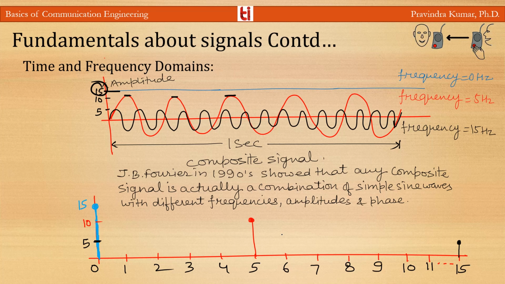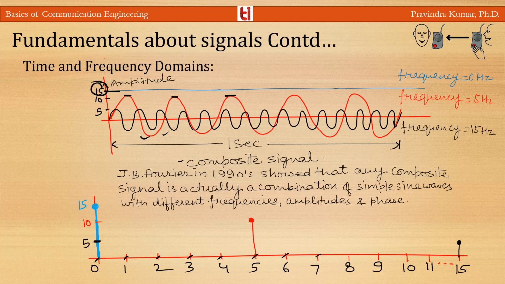If the composite signal is periodic, then the decomposition gives a series of signals with discrete frequencies which have integer values. Here you can see a periodic composite signal, with discrete integer values on the frequency axis.